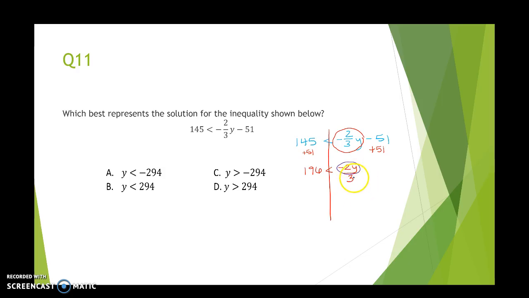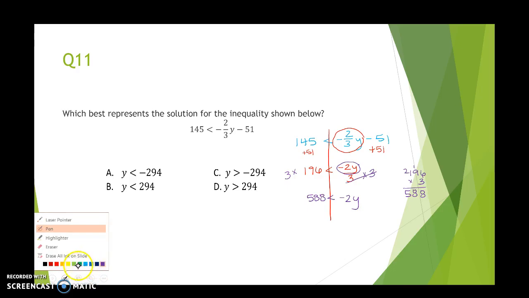Dividing by 3, right? What's the opposite? Times 3. Those will cancel. Times 3. Gonna go out here and do 196 times 3. 3 times 6 is 18. 3 times 9, 27. Plus 1 is 28. 1 times 3 is 3. 4, 5. So I have 588 is less than negative 2y.